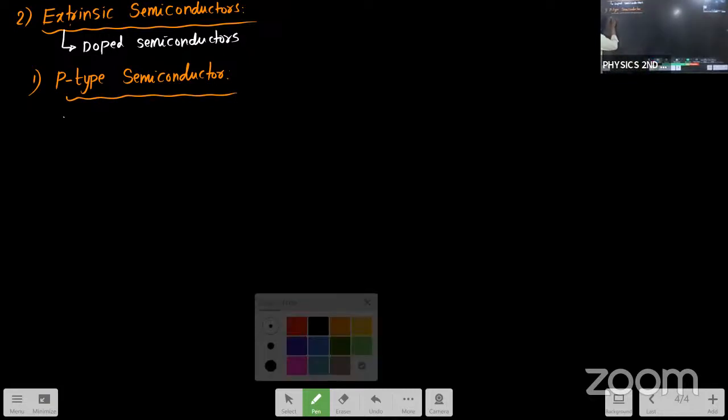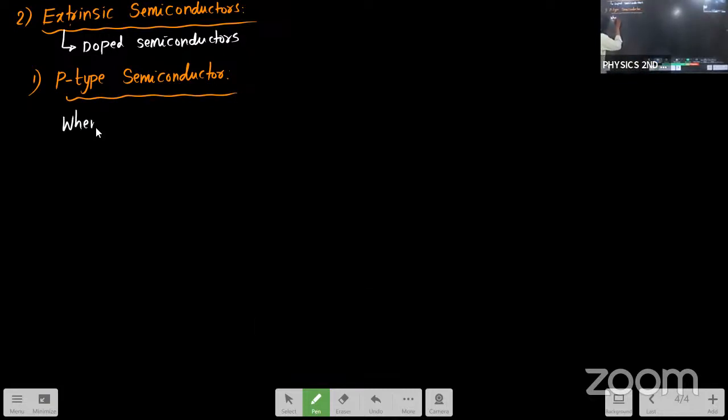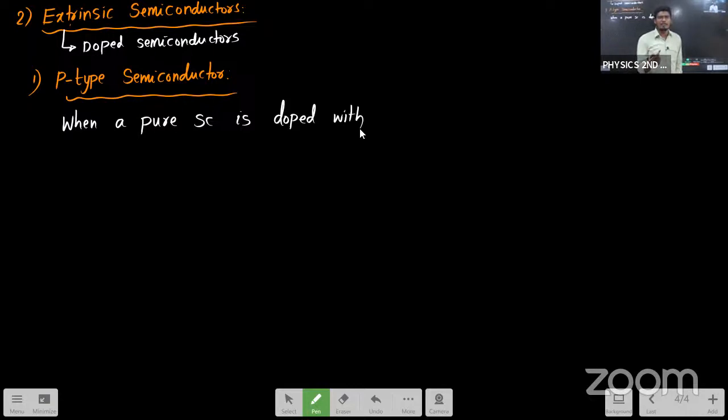When a pure semiconductor, or you can also write intrinsic semiconductor, your wish, is doped with which type of impurities? I said that in P-type, we will be adding trivalent impurity. Which type of impurity? Trivalent impurity.